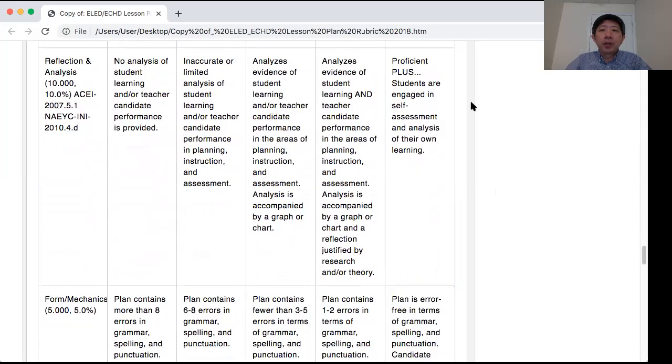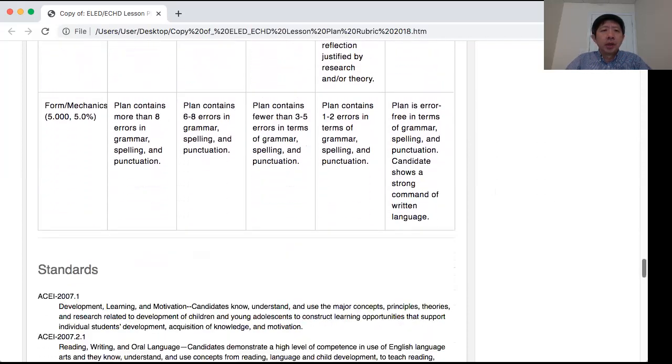And then reflection: you're going to give people a chance to reflect on this. And then finally, the mechanics. Make sure your grammar, spelling, punctuation, and so on are in good shape.